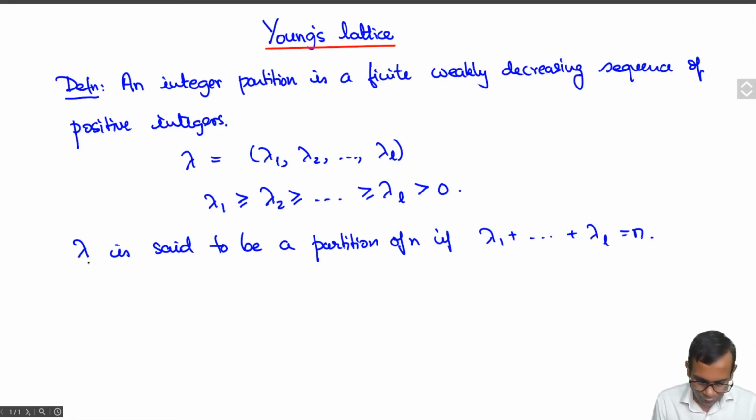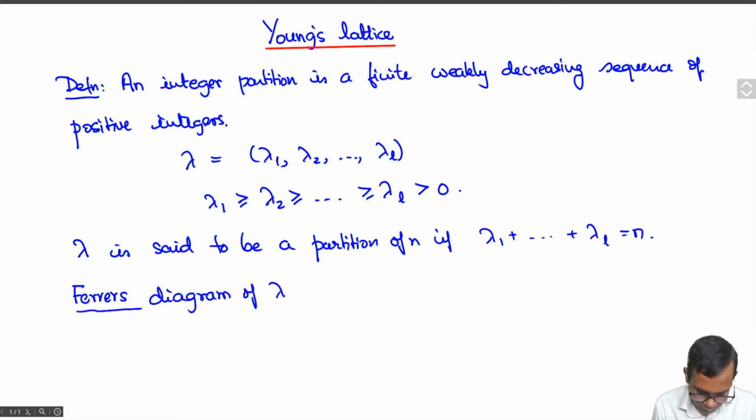Okay, so now given an integer partition, we can talk about its Ferrers graph or Ferrers diagram. Maybe I'll call it Ferrers diagram of lambda. It's also sometimes called the Young diagram, and I'm going to use that to suggest my notation.